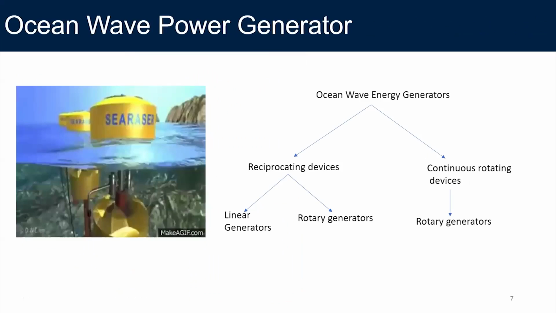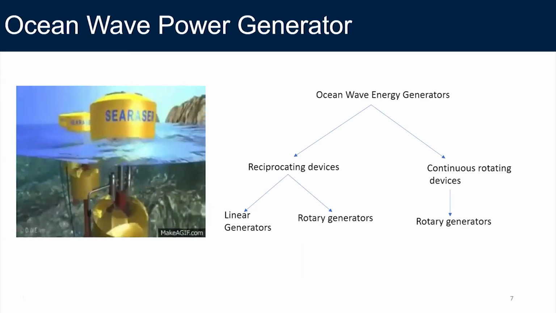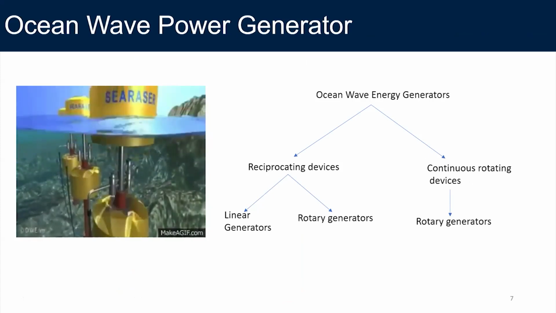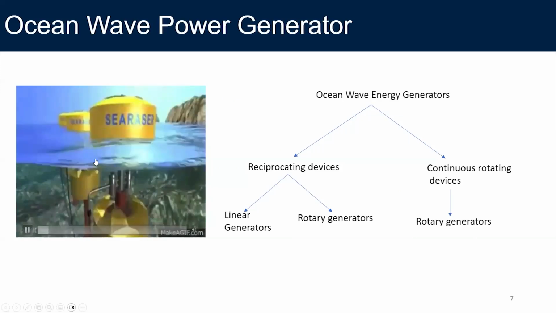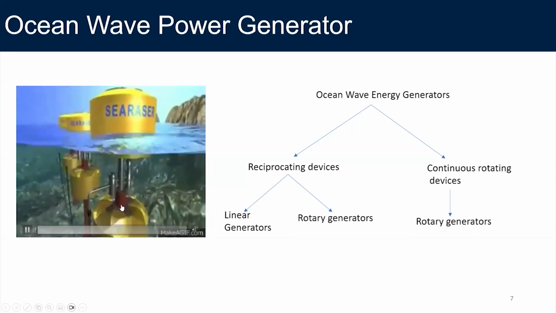The other renewable energy application where we find geared drive and direct drive machines is in ocean wave power generation. We can categorize ocean wave energy generators into reciprocating devices and continuous rotating devices. In this animation, the motion is reciprocating, going up and down, and then you would have a linear generator that generates power from that motion.